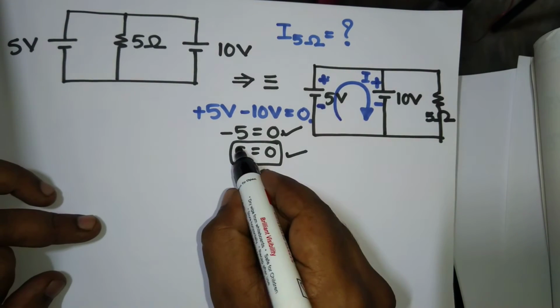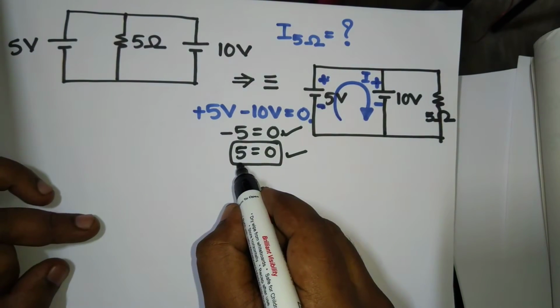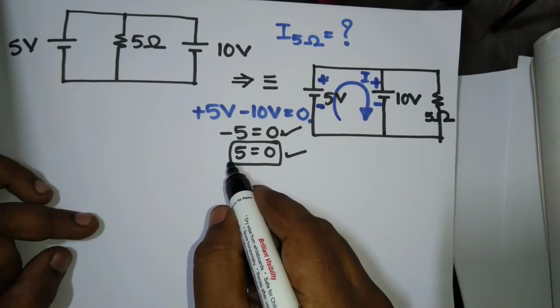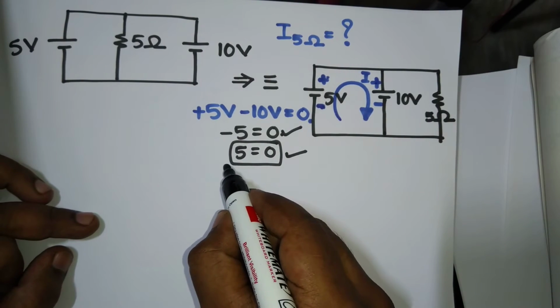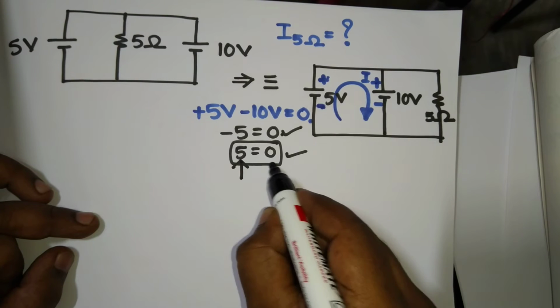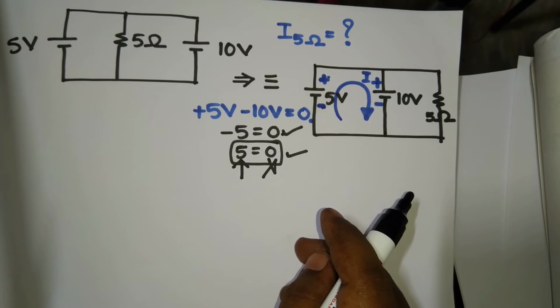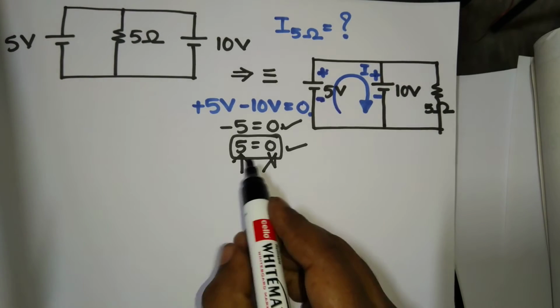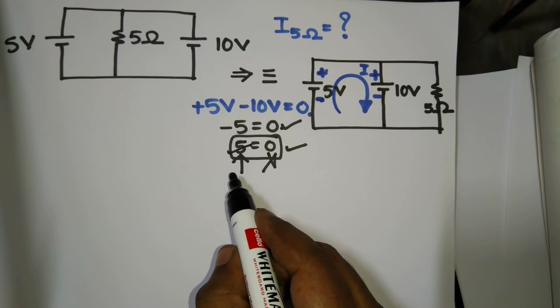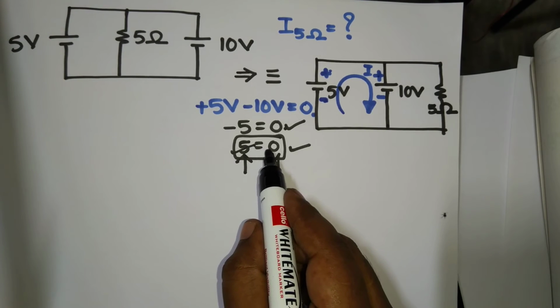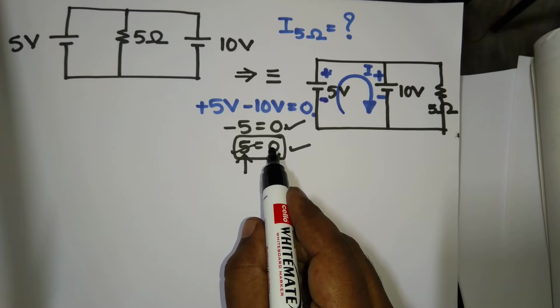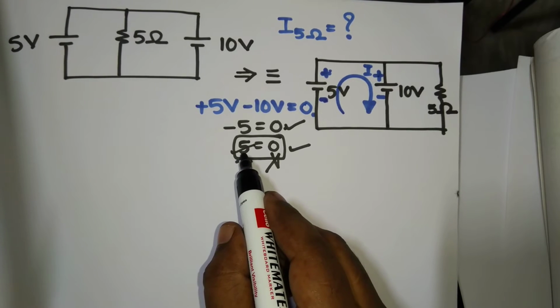The meaning is 5 equal to 0 indicates that someone is giving something. Someone is giving energy, but nobody is taking that energy. Someone is giving electrical energy and no one is taking that electrical energy, then what happened to that energy?